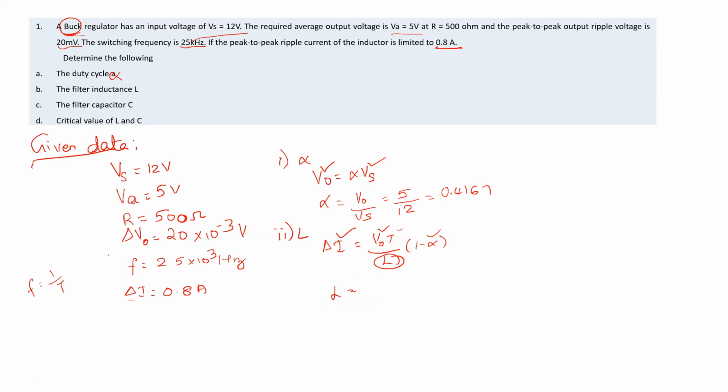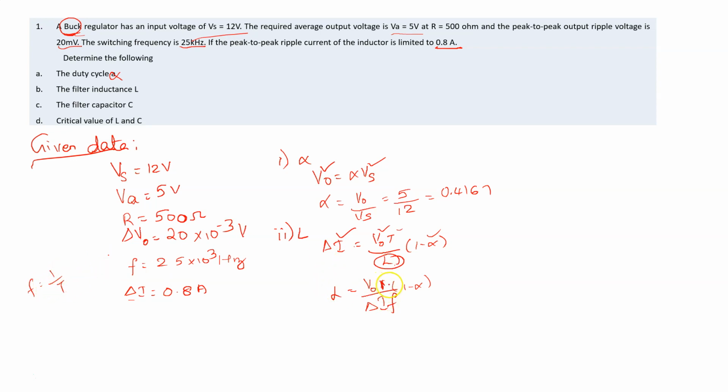So L is equal to V naught T into 1 minus alpha divided by delta I. In order to substitute the F value, instead of T I will write F, since F is equal to 1 by T, so T is equal to 1 by F, right?